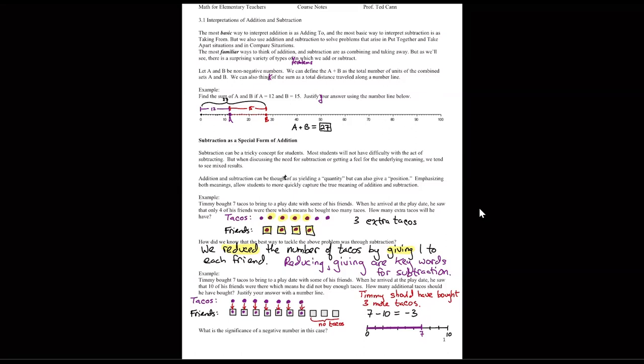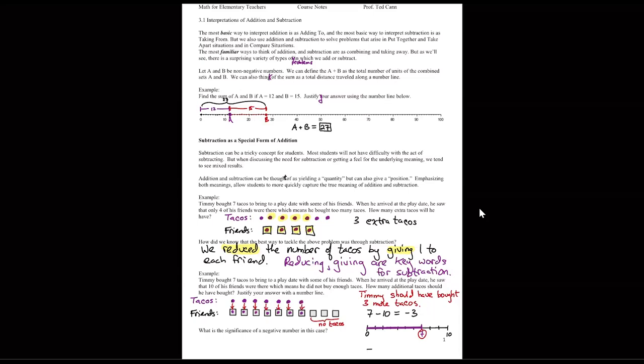Right? So positive tacos, that gets me over to this location. But then I take 10 steps the other way because those are the tacos that I need. All right, so have versus need. Positive would be the have direction, negative would be the need direction. So let me show you what that number line would look like. It's really more like just movement, right?